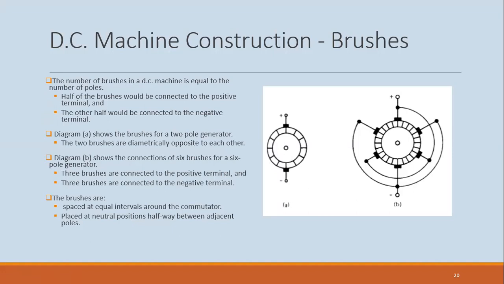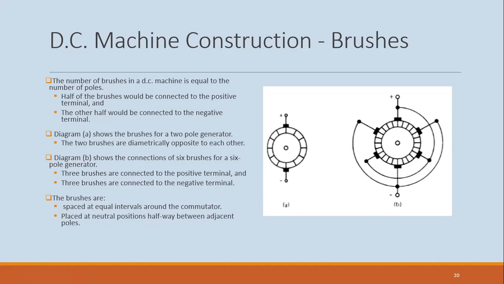All right, so you can read this. A point to note here is that the brushes are positioned halfway between adjacent poles. You remember adjacent poles would be a north and a south.